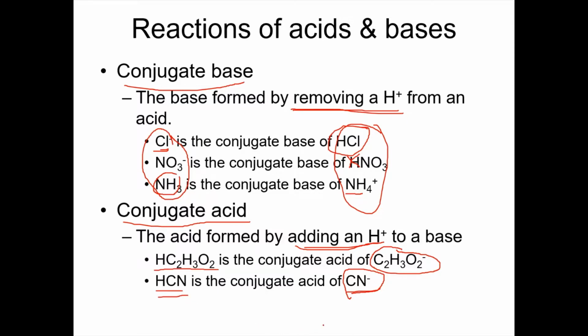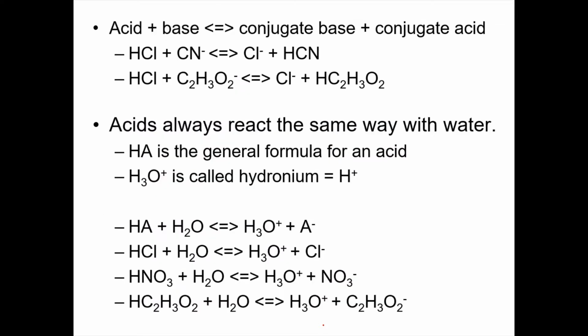Okay, so really, a conjugate base is an acid without the hydrogen on it. A conjugate acid is the acid that was formed by taking a base and putting a hydrogen on it, and a plus charge also.